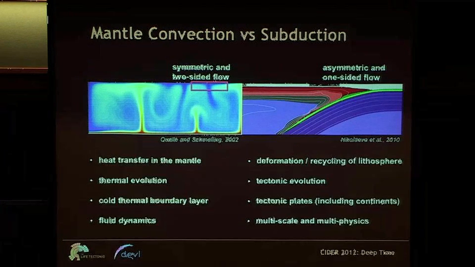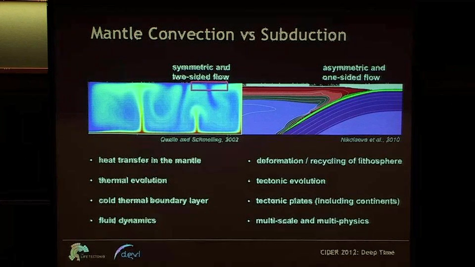If you're interested in heat transfer, then convection is what you want. But if you're interested in the details of how this thermal boundary layer gets recycled and deformed, you would want subduction. Thermal evolution models, mantle convection is fine, but it won't tell you anything about the tectonic evolution, okay?